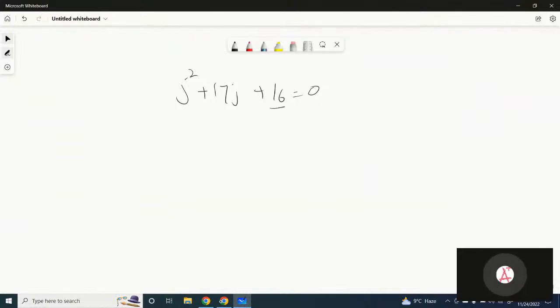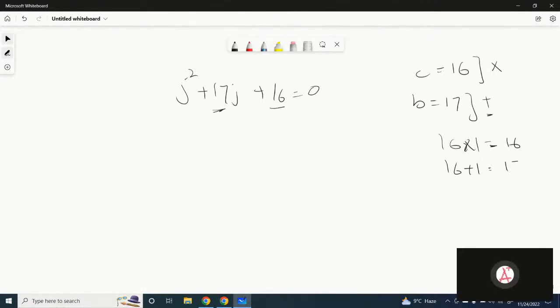You have this as c and b equals 17. You have to find the numbers that when multiplied make 16 and when added or subtracted make 17. Got it? So 16 times 1 is 16. When you multiply them, 16 times 1 is 16. When you add them, it makes 17. So that is the easiest one.